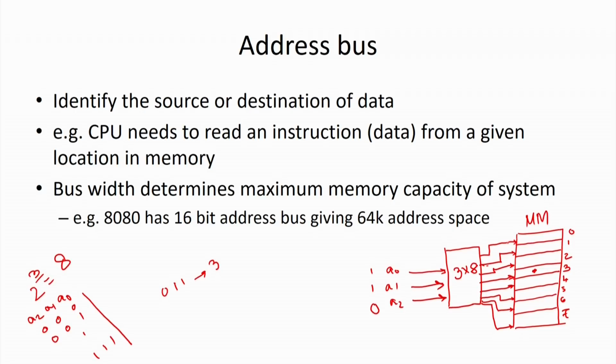So, counting 0, 1, 2, 3, this particular line will be enabled. When this line is high, that means we are going to select this particular memory location with the help of this line, and this is the combination. This combination is known as my address to a particular memory location, and you just see that in every memory location we are going to store 4 bits of information.